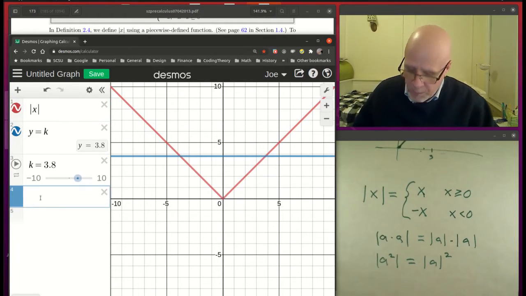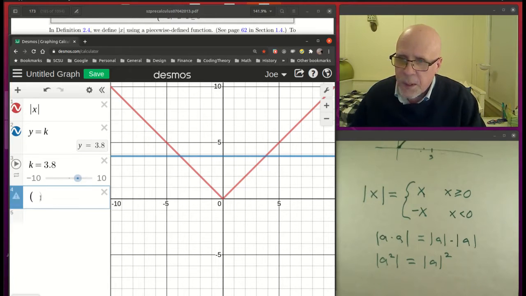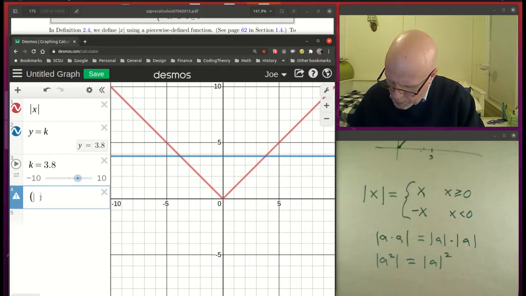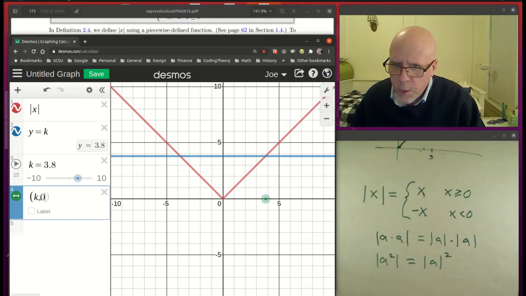I could probably even plot those points. Let's see, it would be k and 0. That's the one point. See how that's directly under the intersection here? And the other point.